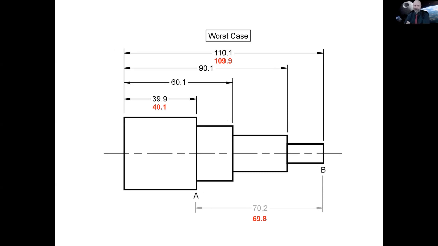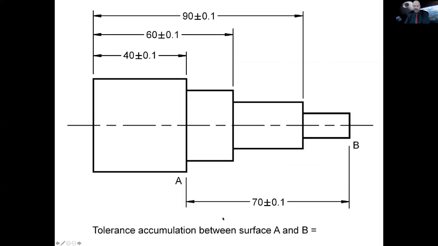The one to the left is as big as it can get before you throw it away. And then the longest part is as short as it can get before you throw it away. And so that gives you 69.8. So that's what you get.